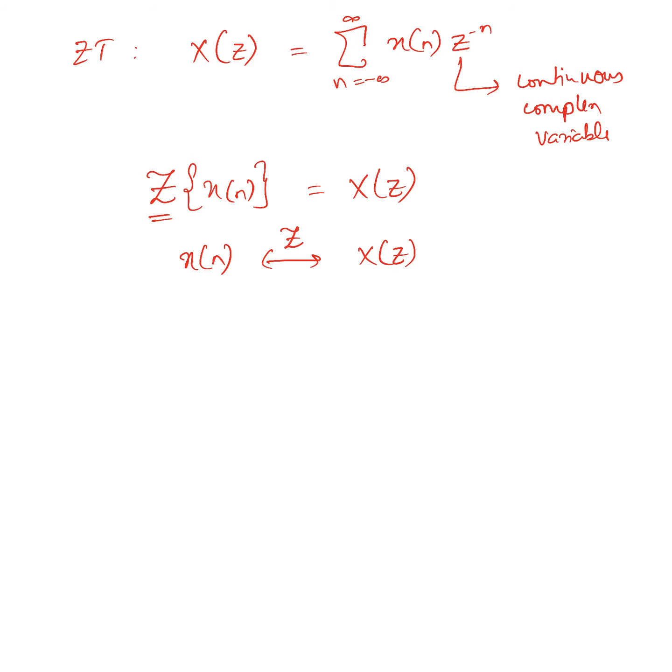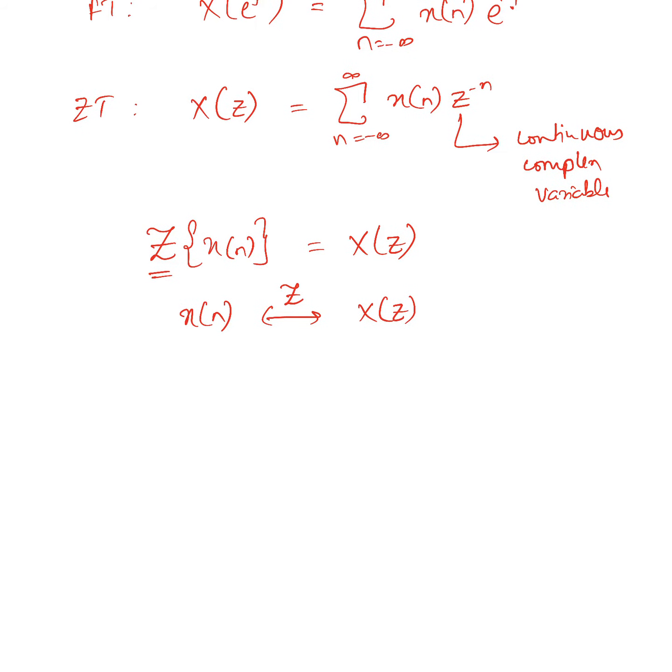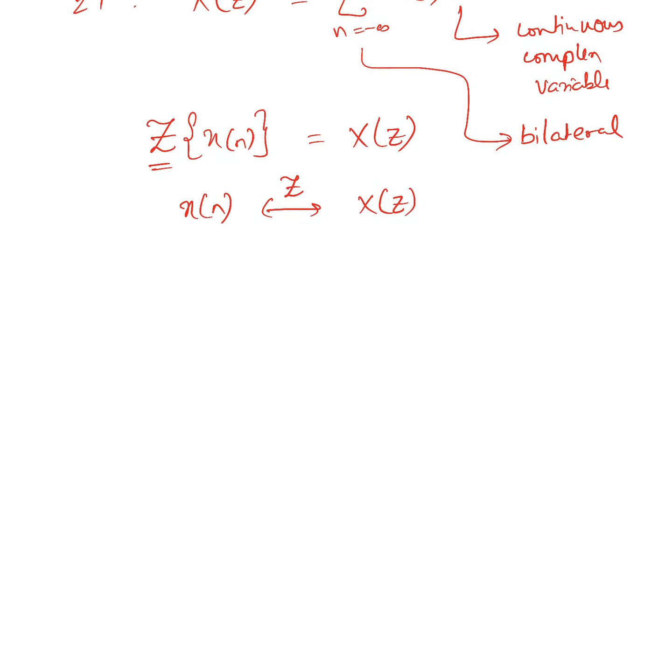Here, most of the time we call it the bilateral Z transform, because we are considering the sequence for n from minus infinity to infinity.